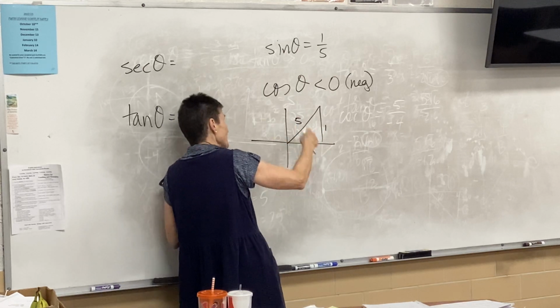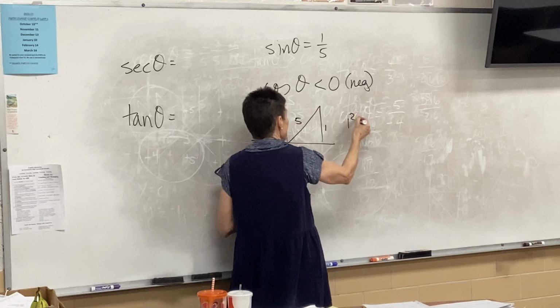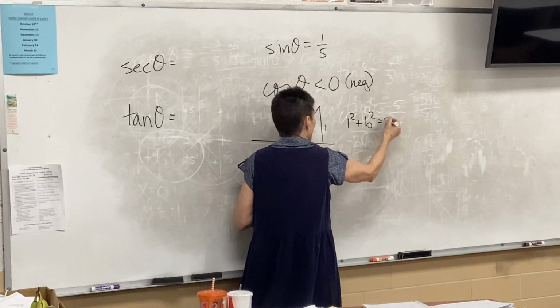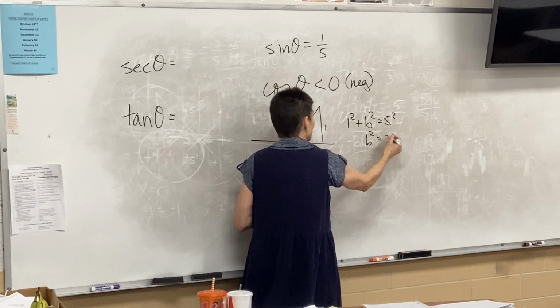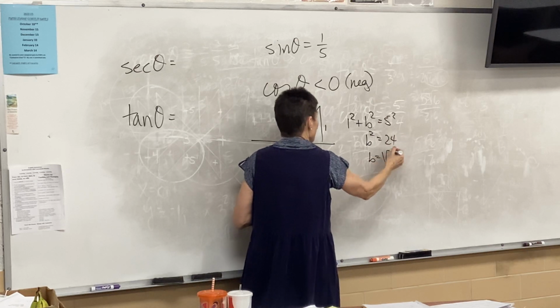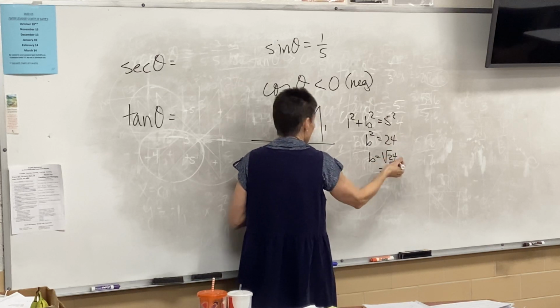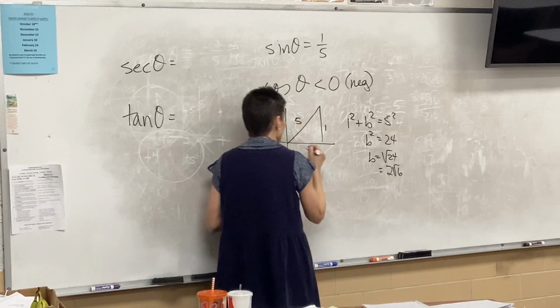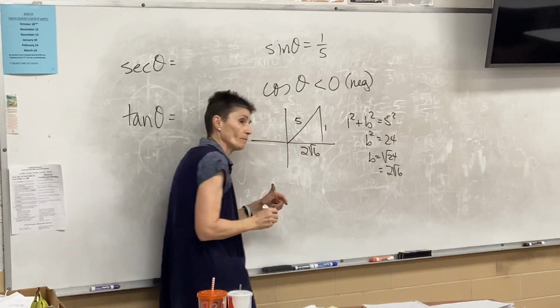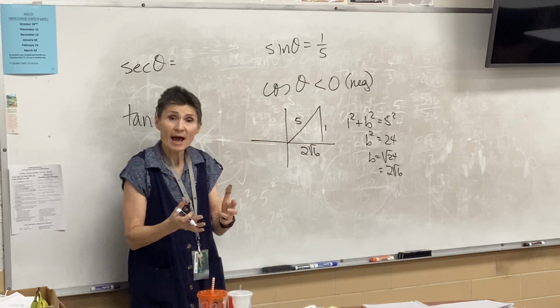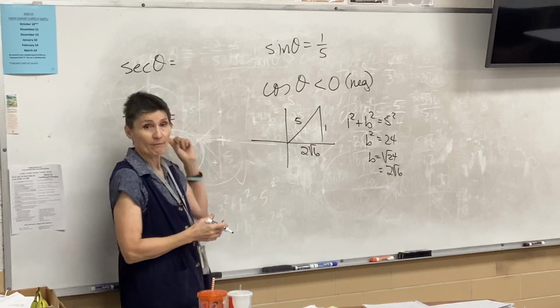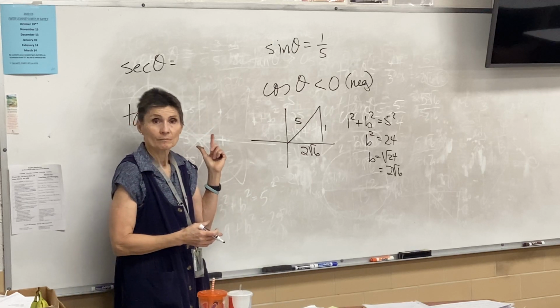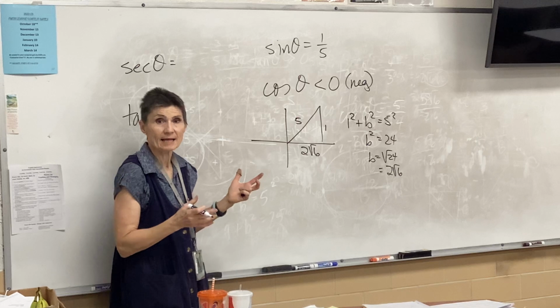We would do the Pythagorean theorem, 1 squared plus b squared is 5 squared, and come out with a b value, which in this case does reduce to √6. And then based on that, we would fill in everything else. We did several problems like that.